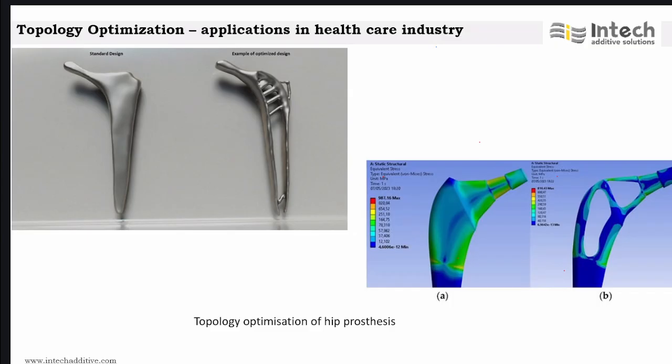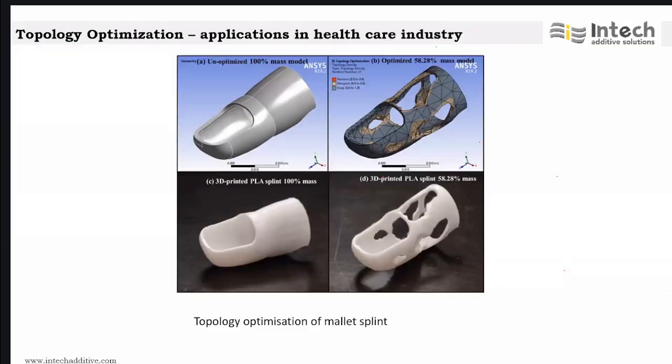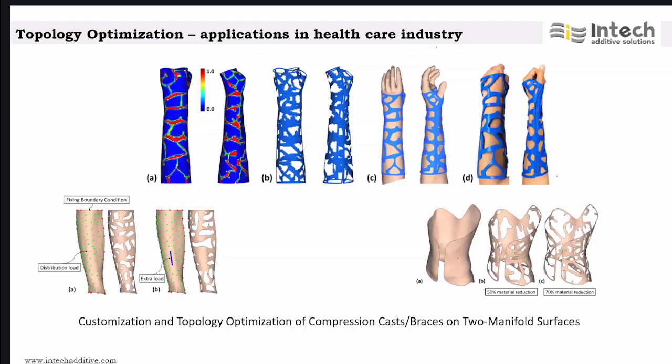Around 30% weight reduction has been achieved, and the deformation is around 0.51%. And this is about the mallet splint, where a weight reduction of 43% was achieved. And this is about the cast and braces.